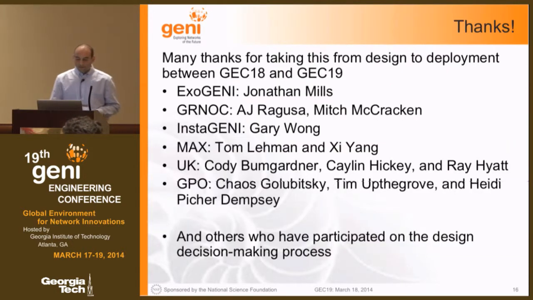Many thanks to all those who helped us along the way so far. Again, this is something that didn't even exist last GEC, so we're really excited about all the progress we've made.